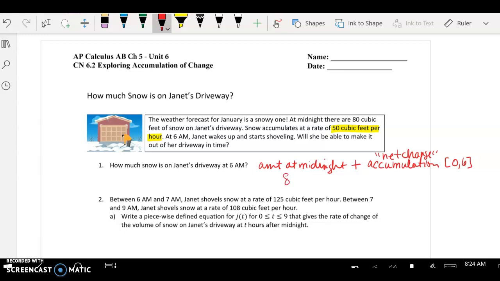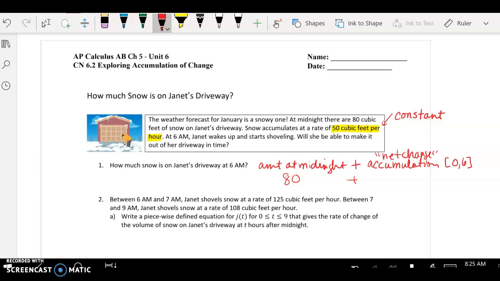So it's fairly straightforward in terms of calculating. We started with 80 cubic feet of snow on the driveway. And then to calculate our net change, since the rate that we have is a constant rate, we're starting with a fairly simple problem, and we want to think of this as middle school math.